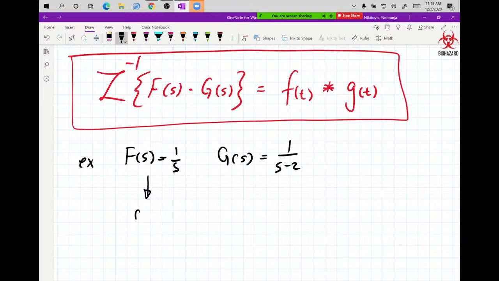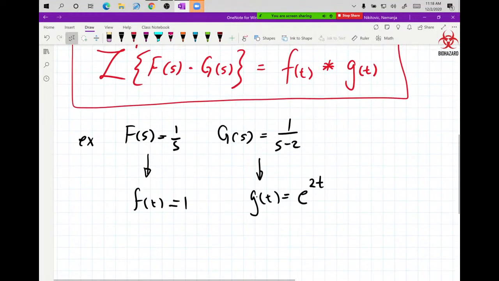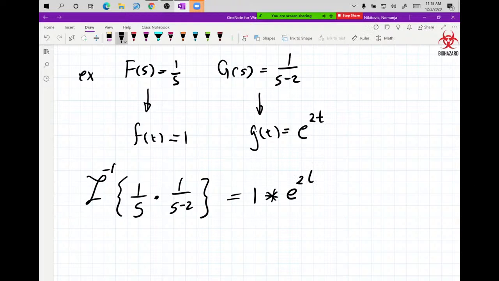So this would give us f of t is 1, and this would give us g of t is e to the 2t when you do those inverses. So using the inverse Laplace transform here of 1 over s times 1 over s minus 2, again, we are avoiding the partial fraction decomposition, which is kind of easy for this, but whatever, is going to actually be the convolution of 1 convolved with this.